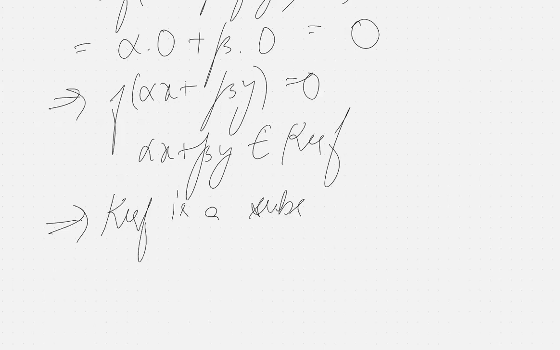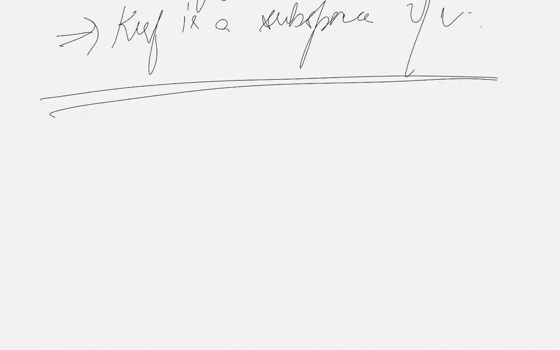Okay, now in the second part of the theorem we started, we had to prove that image f is a subspace of U. Now again, those same two conditions.